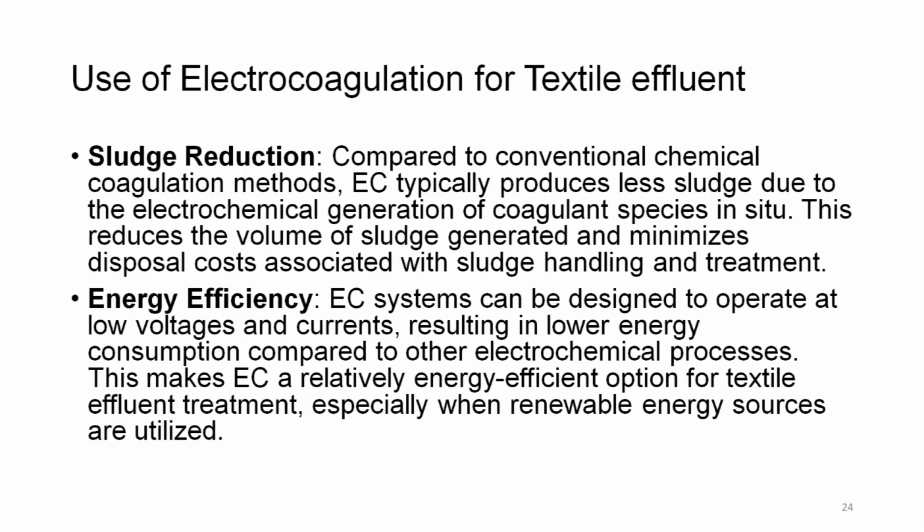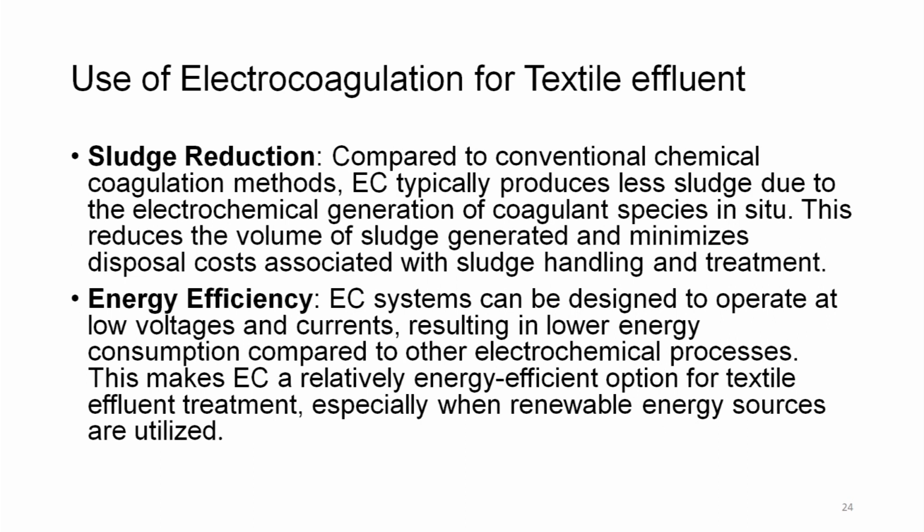Sludge reduction. Compared to the conventional chemical coagulation method, EC typically produces less sludge due to the electrochemical generation of coagulant species in situ. This reduces the volume of the sludge generated and minimizes disposal cost associated with sludge handling and treatment.